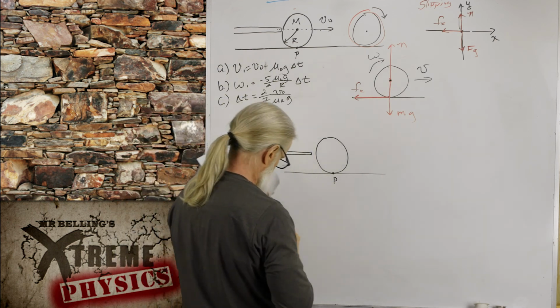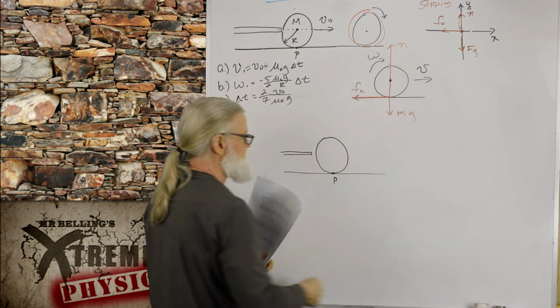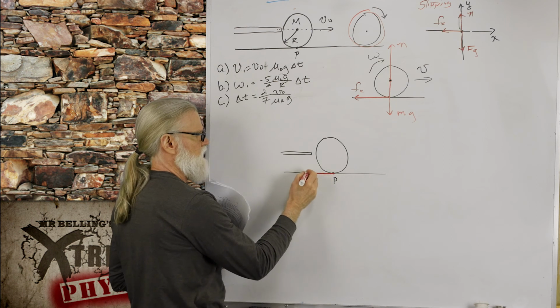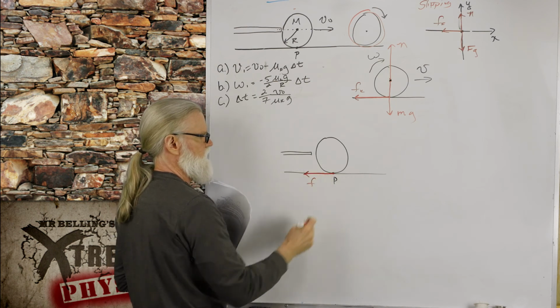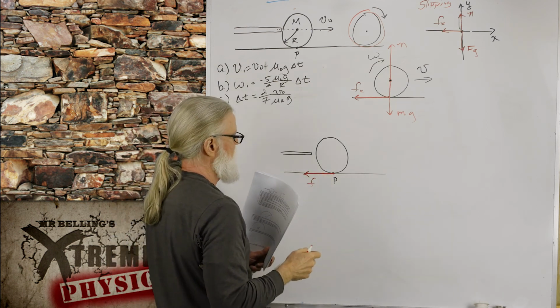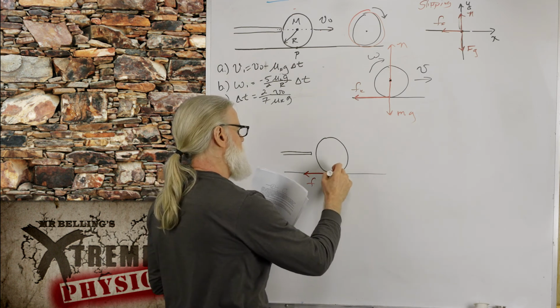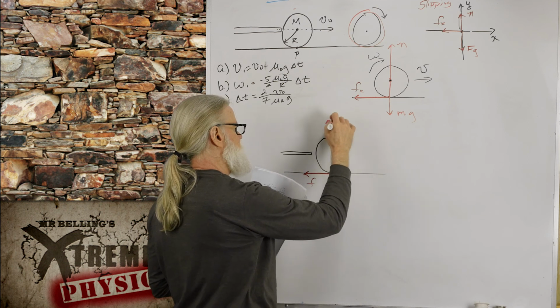And, well, if we take a look, we see that our friction is going to be that way, right? When it hits, we have the normal force and we have the weight.